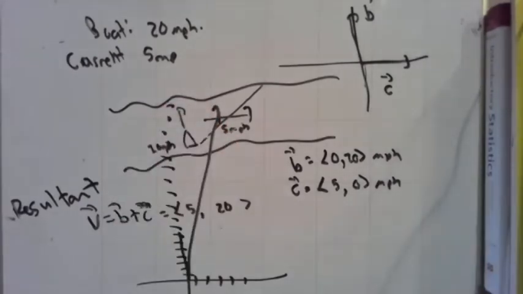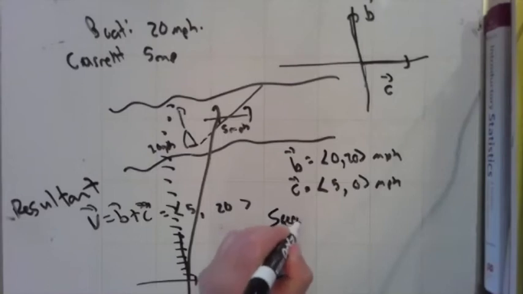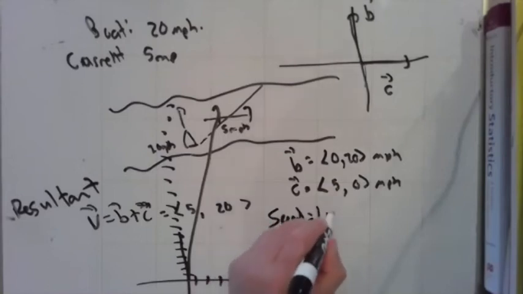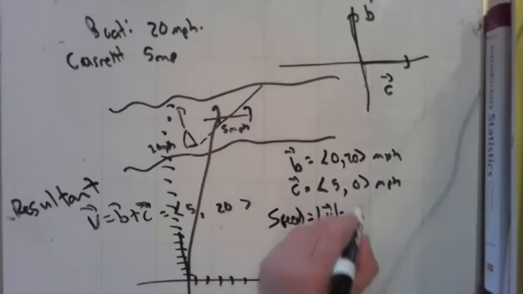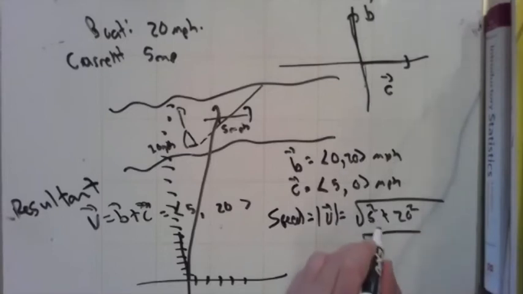Okay, let's find the magnitude of that vector, which will be the speed. Magnitude of velocity is speed. That's a scalar. So our speed is the magnitude of our velocity vector, square root of 5 squared plus 20 squared. So that's square root of 425.